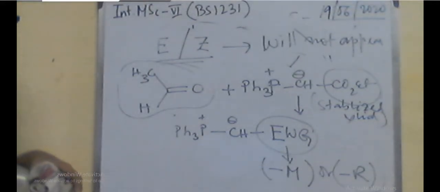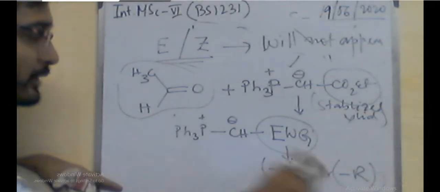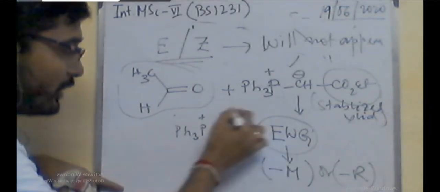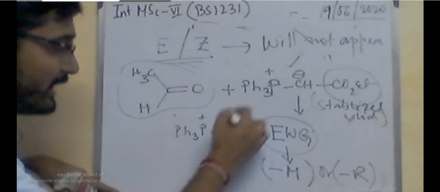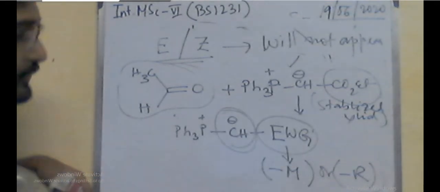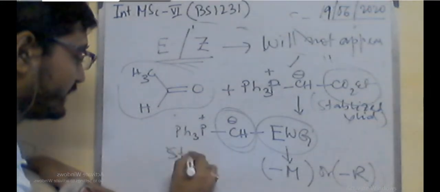So just keep in mind that an electron withdrawing group having a minus M or minus R effect can stabilize the ylide, and they can form the E-alkene or the trans-alkene.